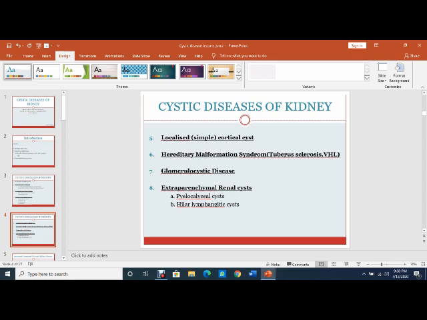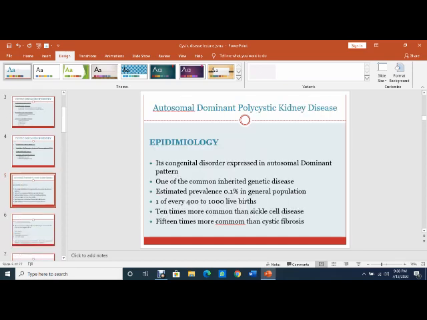Extraparenchymal renal cysts are pilocalyceal cysts and hilar lymphangitic cysts. Now, important is autosomal dominant polycystic kidney disease, because it is a common problem we face daily in the routine nephrology clinic.